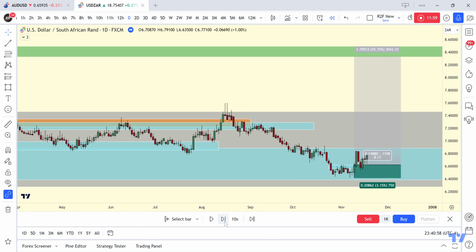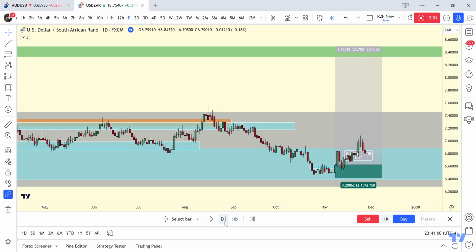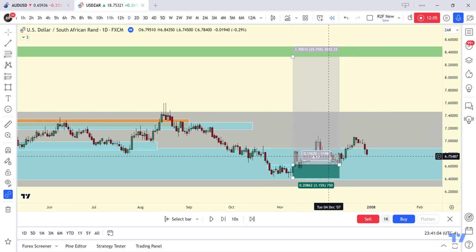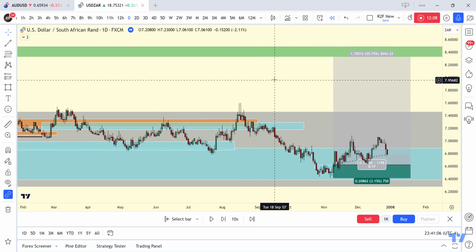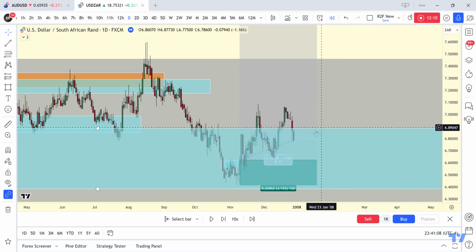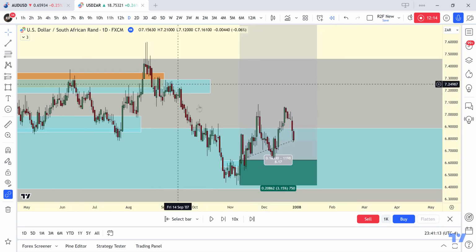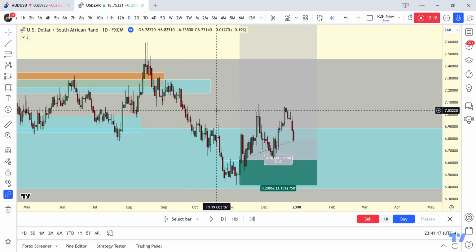but okay. So what's happening? We came into here, expanded up into this order block, mitigation block.